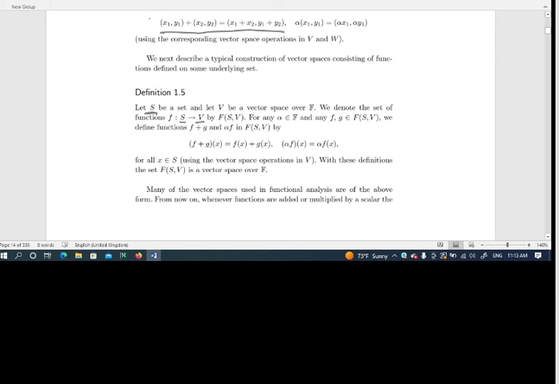For this set we should define plus and scalar multiplication.